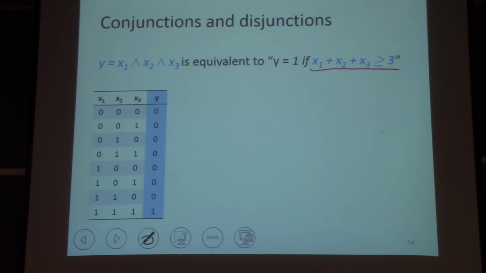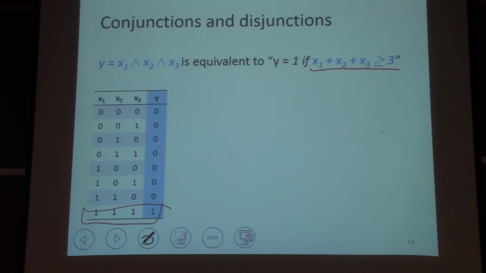As a convention, I'll use 1 to denote true, and either 0 or -1 to denote false. It's obvious from the slide or from the context what is true and false here. So just to remind you, the conjunction is this function which assigns an output value of 1 only when all the inputs are 1.